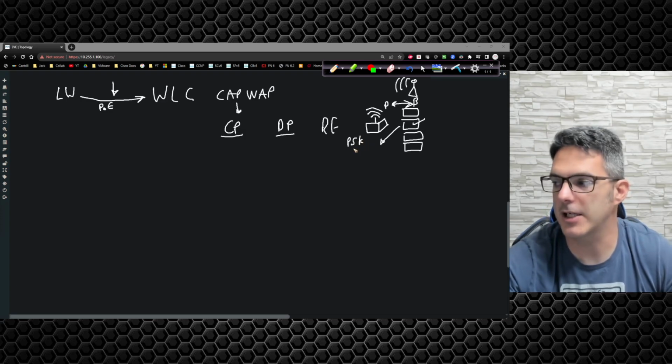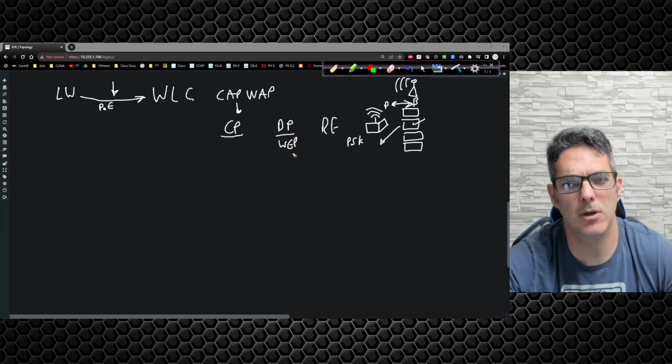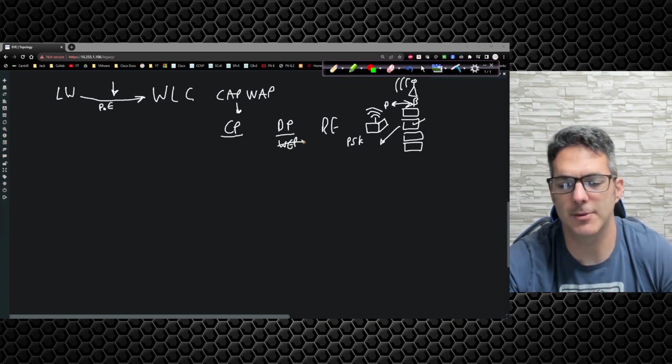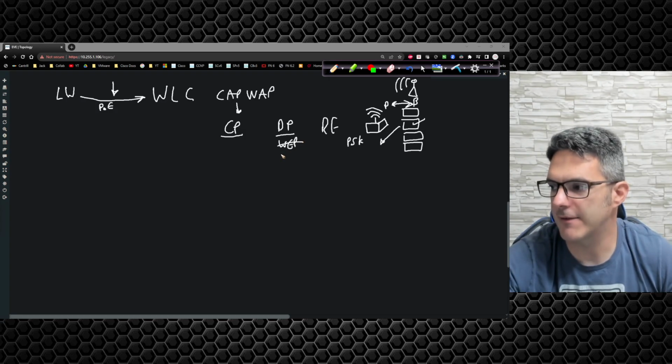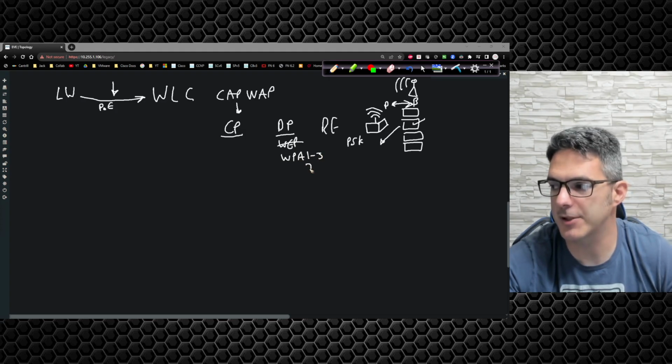This pre-shared key is typically backed by one of many variations. There is WEP, Wired Equivalent Privacy. Don't use that. That's just super old school. Nobody uses WEP anymore. Then you have WPA, Wi-Fi Protected Access, and there are multiple versions of that, 1 through 3. The most common is going to be 2.